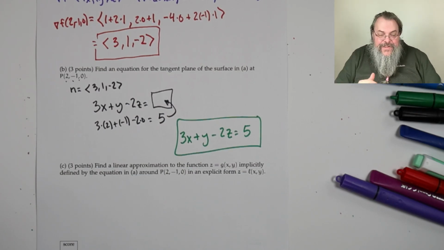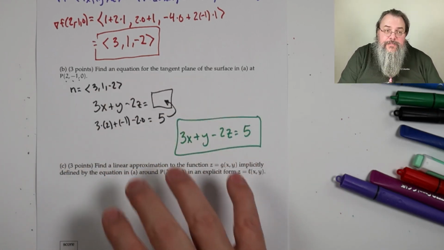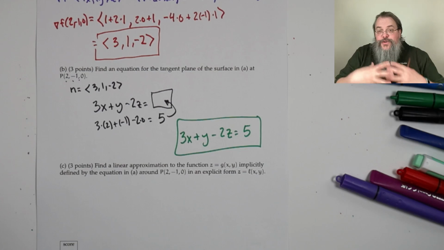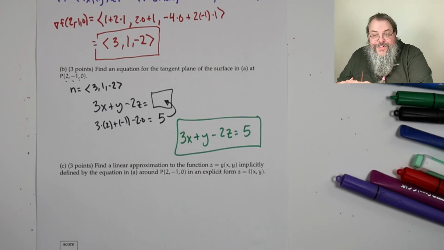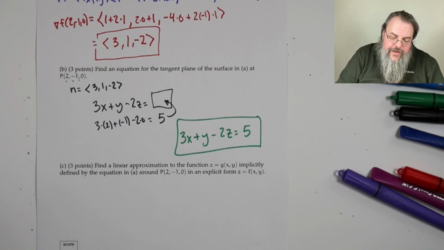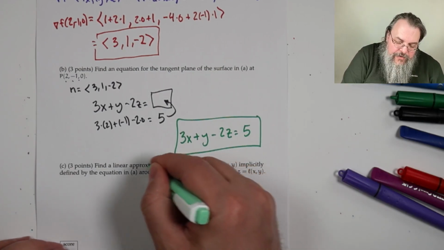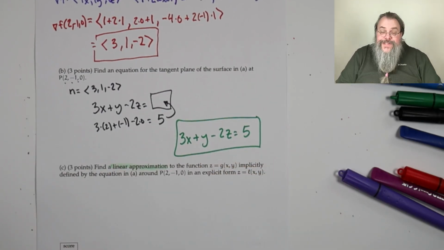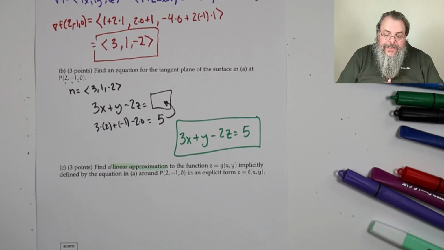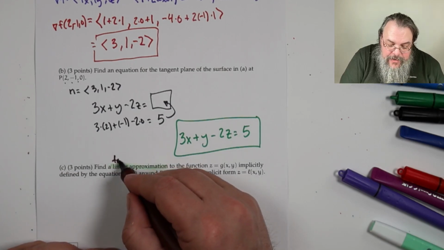Let's unpack this because, again, notice we didn't do a lot of work in part B. We probably shouldn't expect to do a lot of work in part C. It's a question of, do we understand what's being asked? That's a lot to do sometimes. So let's start with linear approximation. What does that mean? It means flat thing. What's our flat thing? Our flat thing is a tangent plane.